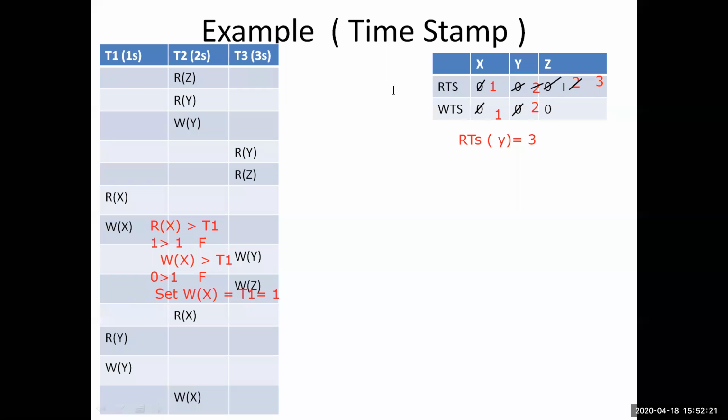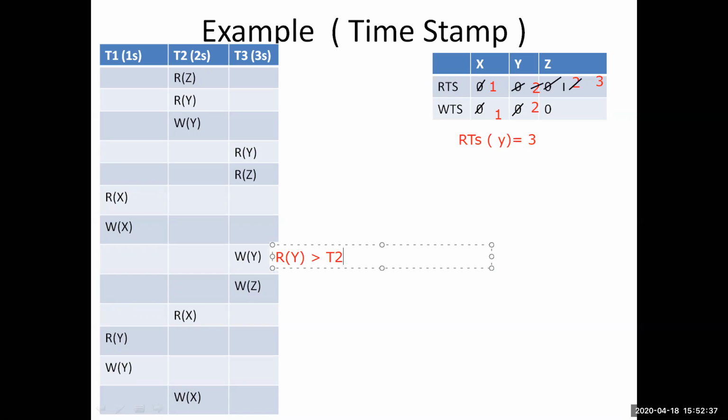Now the next operation is write of y. For this write of y, I'll check what is read of y. Read of y, is it greater than the timestamp of T3? Read of y right now is 3. Is it greater than 3? Answer is false. Then I need to check whether write of y is greater than T3. For this, my write of y is 2, greater than 3?